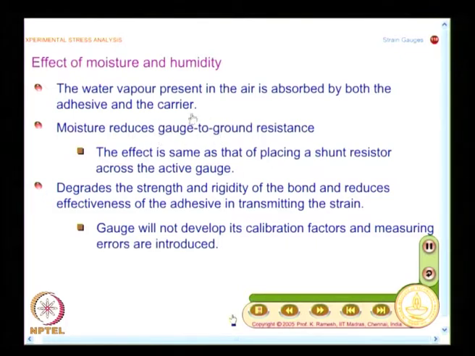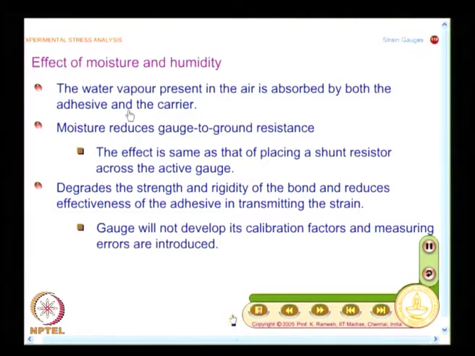So, you have the first effect because of the water. This is similar to placing a shunt resistor across the active gauge. So, this is a nuisance that you need to avoid.